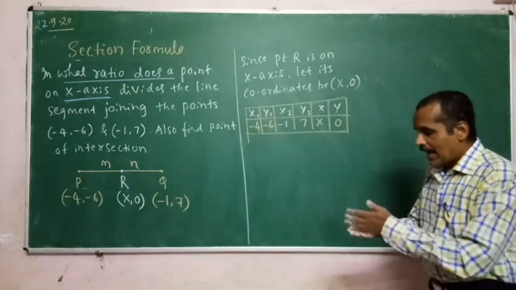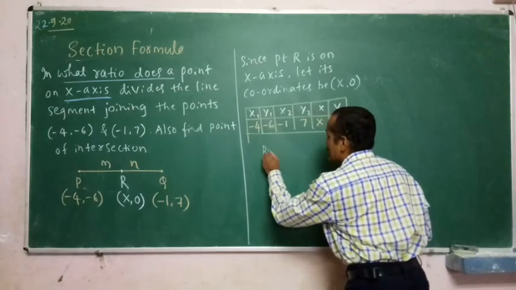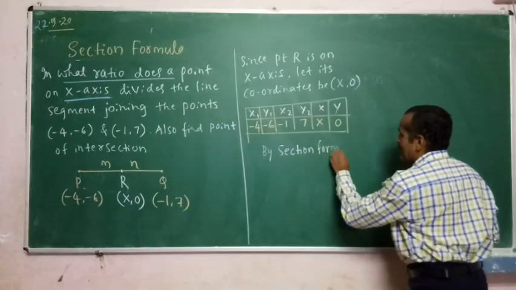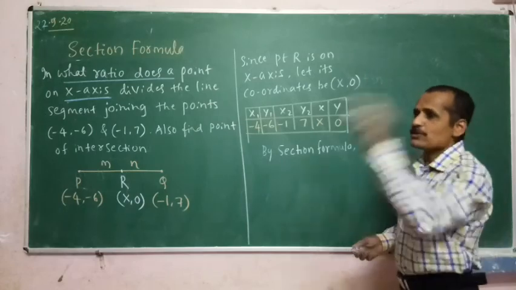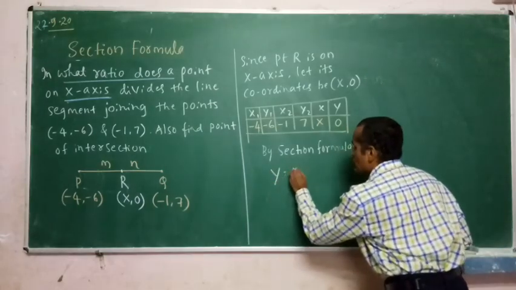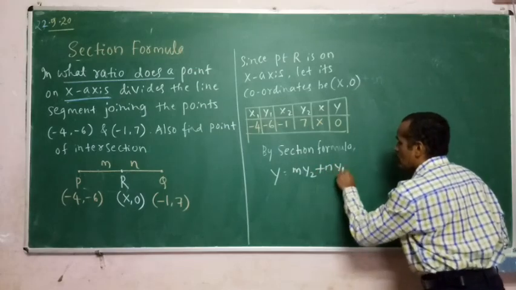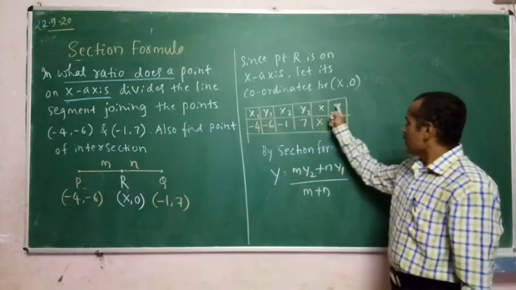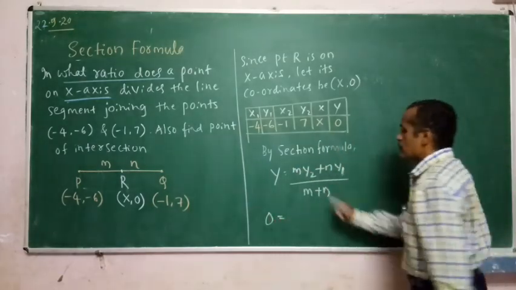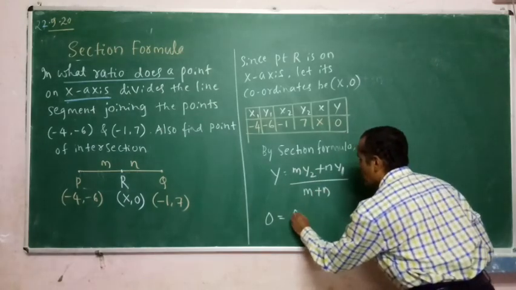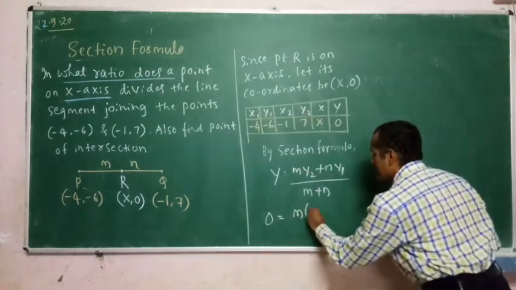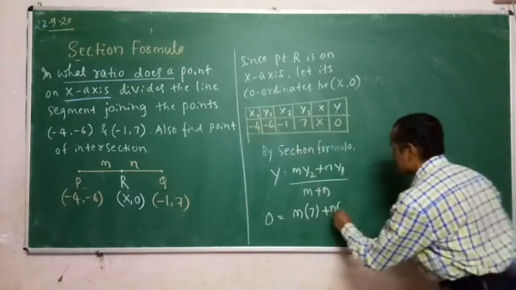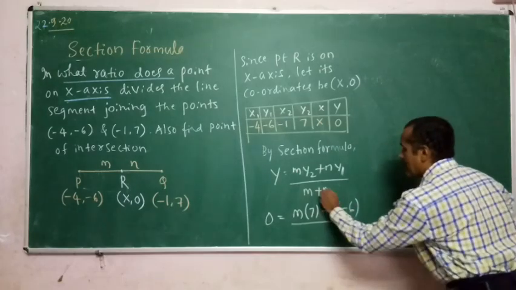Since y is known, I will write by section formula, y equals (my2 + ny1) divided by (m + n). Substitute the values. y is 0, so 0 equals m times 7 plus n times -6, divided by m plus n.